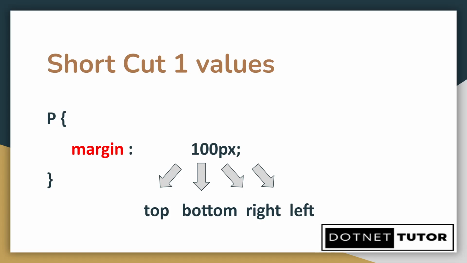So a div or paragraph will get a 100 pixel margin on all four sides.